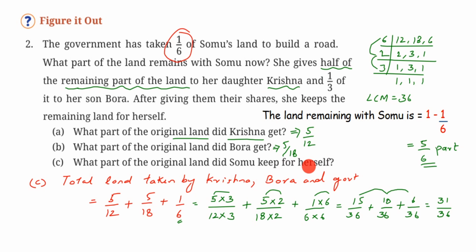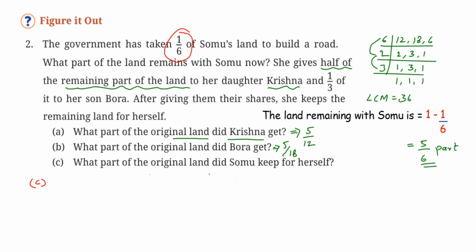So to find the remaining, it's understood that out of 36 parts she gave 31 parts. How many parts are left? 5 parts are left. So the answer will be 5/36. But if you want to show this in a calculation, I'll explain how to do it. So we have to subtract 31 by 36 from 1. We'll always consider 1 as a whole. So here 1 will be the whole land she had before.